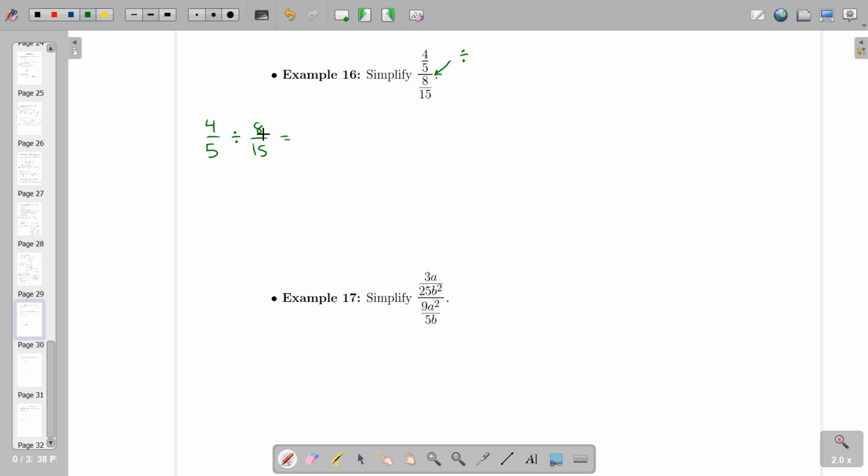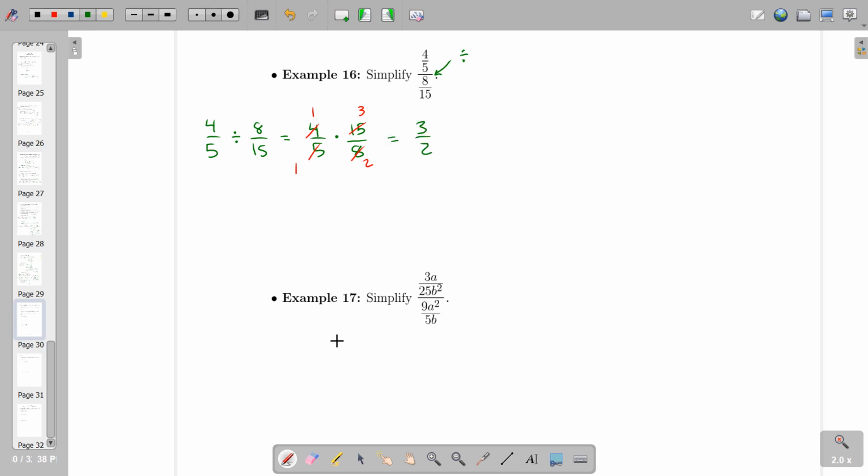And anytime you're dividing by a fraction, that's the same thing as multiplying by the reciprocal, or the flip. And then once that happens, you can do your normal reducing. Divide by 5, divide by 4, and so this complex fraction simplifies to 3/2.